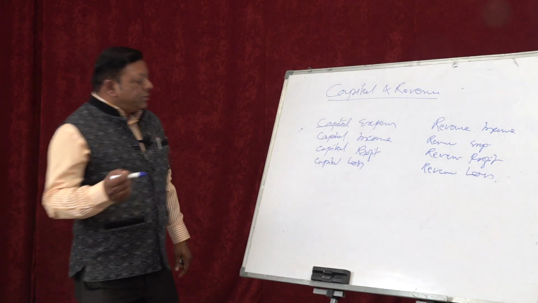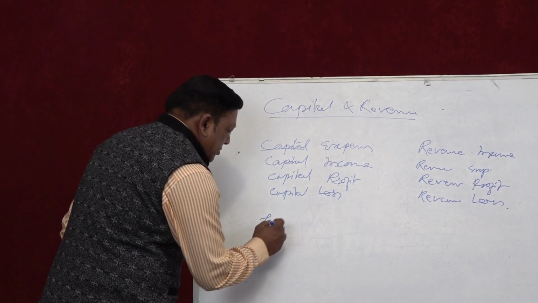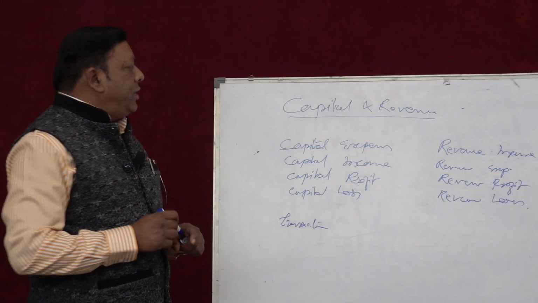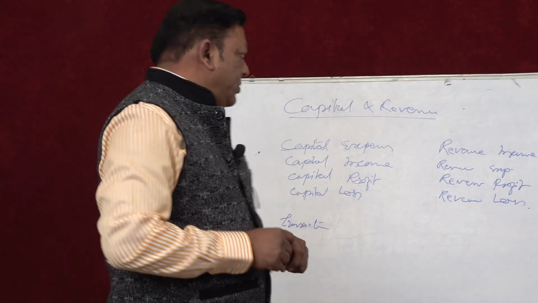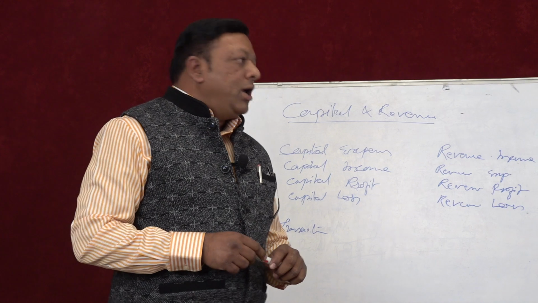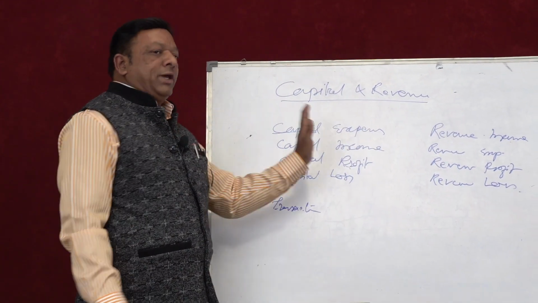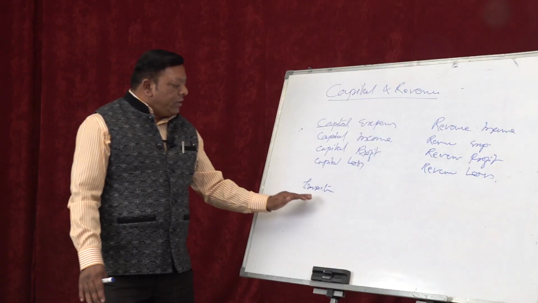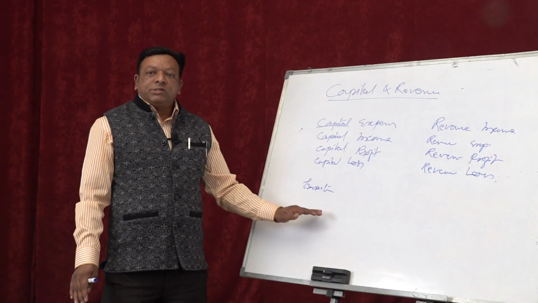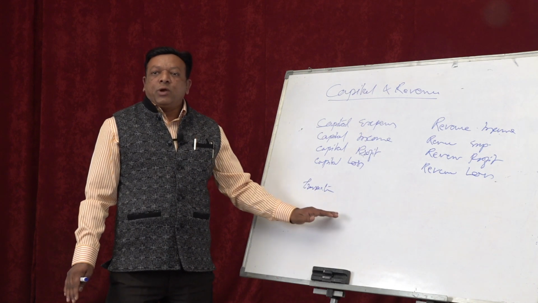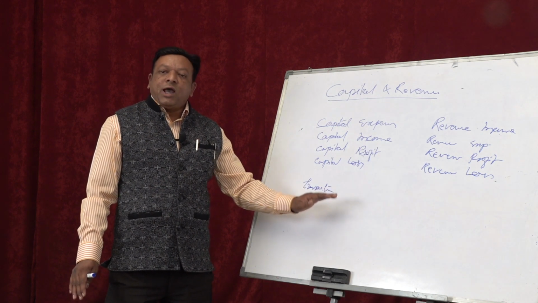Now we move to the transactions. We have a proper accounting system, that is the double entry system. If we understand these two things separately, we can give a proper record system, and the transaction is pure and the accounting is error free.